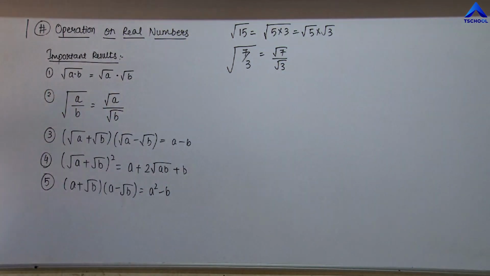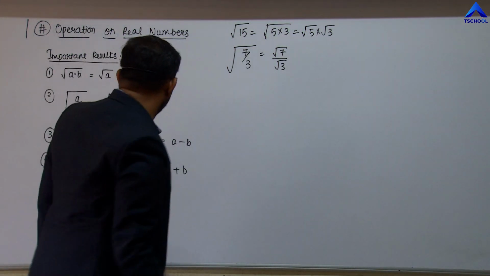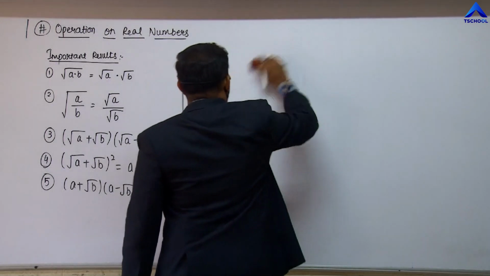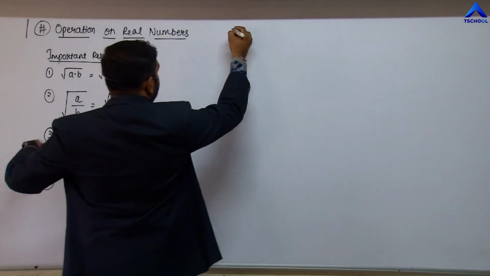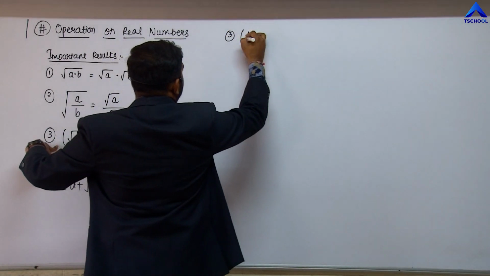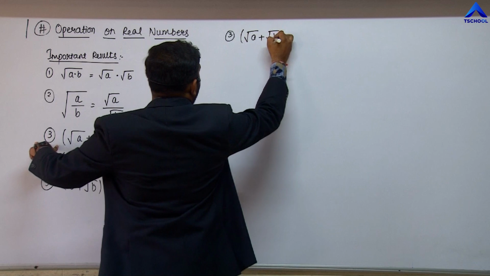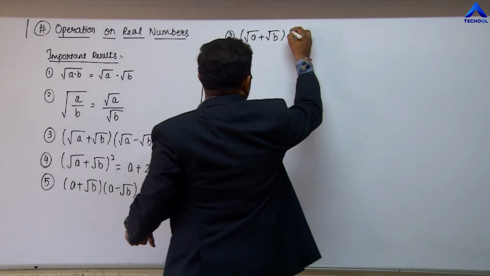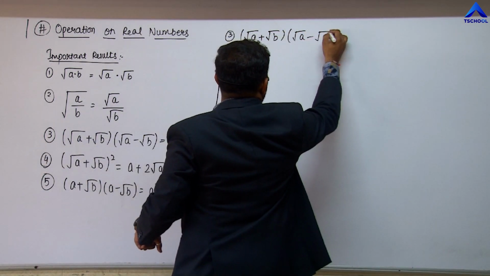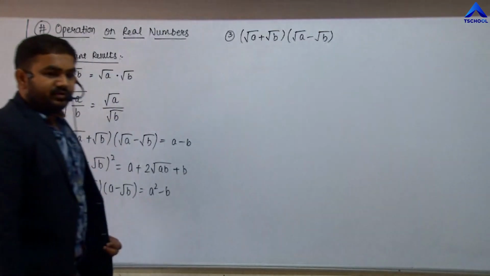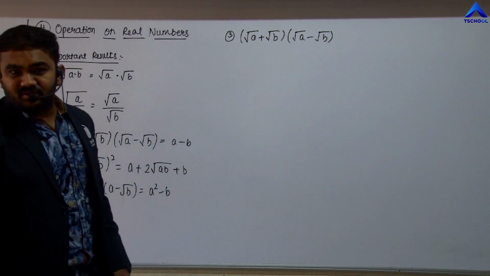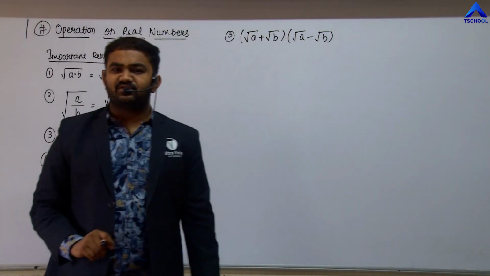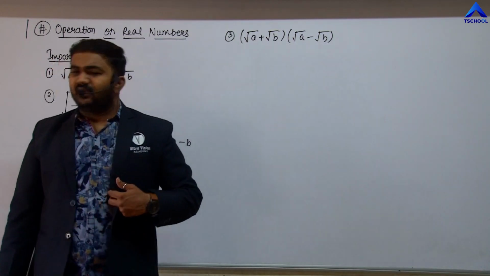Now coming to the important ones, the third, fourth and fifth, I'm going to derive the third, fourth and fifth equations here, and then we shall move further with the examples. The third one says root a plus root b into root a minus root b. Now you might have studied in the previous classes how to multiply two compound numbers term to term, right?